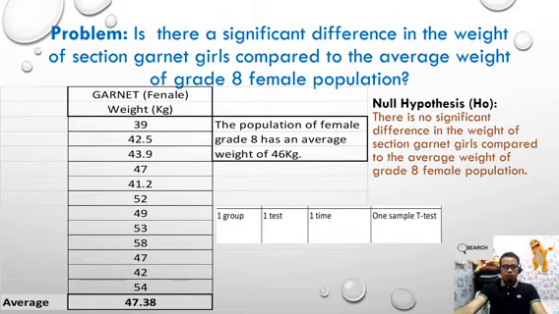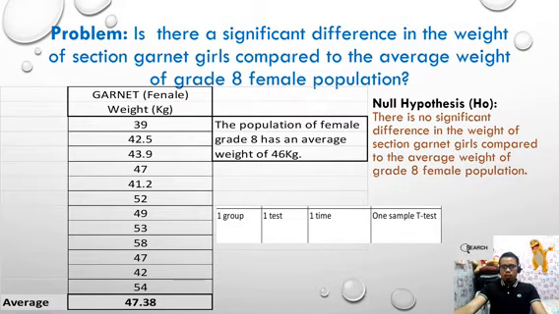We're going to compare 47.38, whether the difference is significant or not. So again, there is one group, one test, given only once, but take note, there is a point of reference of the mean from the population, which is 46 kilograms.